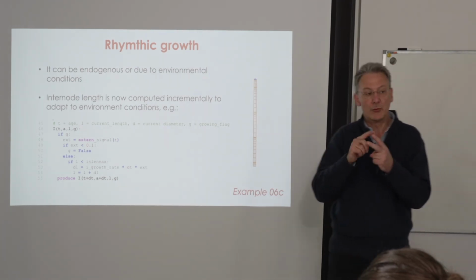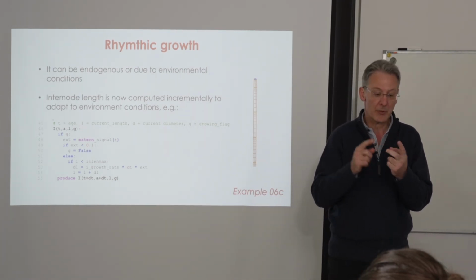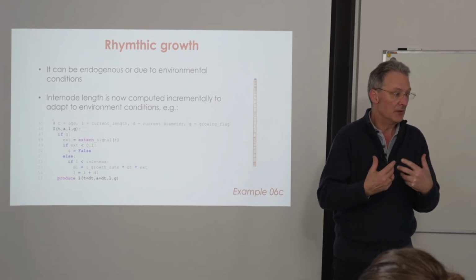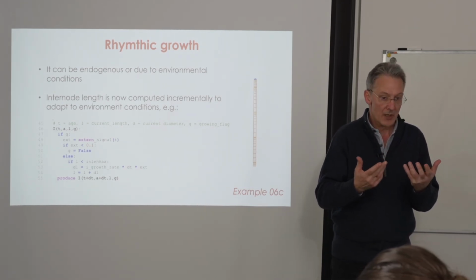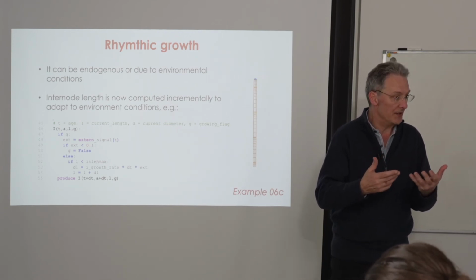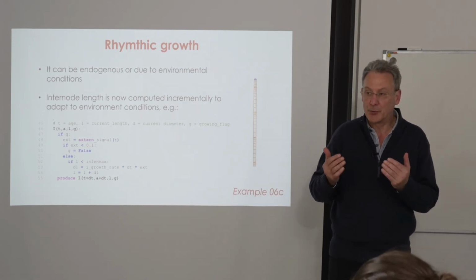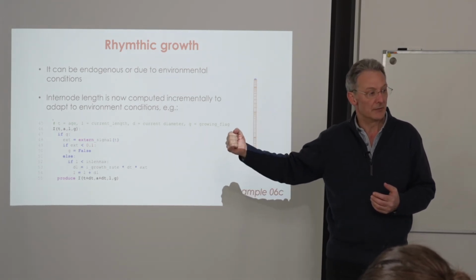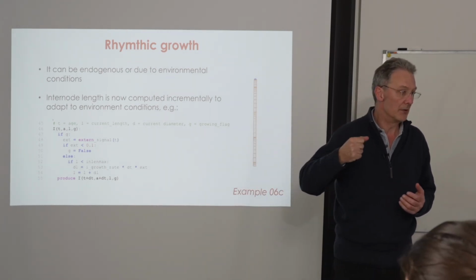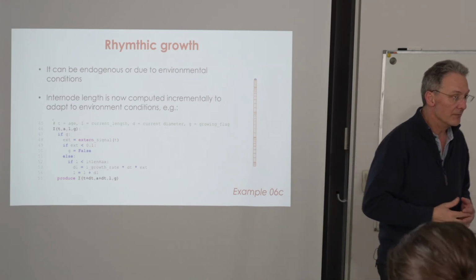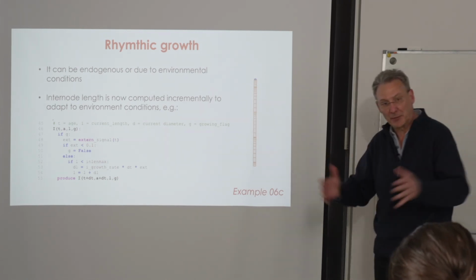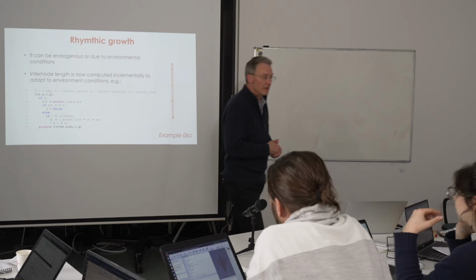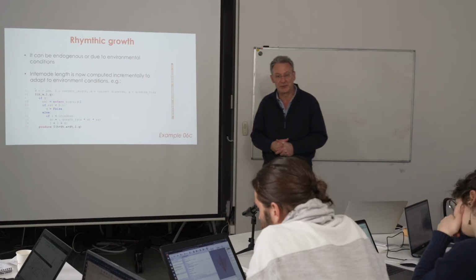There are two main reasons why there would be rhythmic growth. First is endogenous growth: the plant itself creates this rhythmicity. The second option is that the rhythmicity comes from an external signal, for instance winter or summer, the season. In winter, everything stops, so you have to have rhythmic growth if you want to survive the winter.